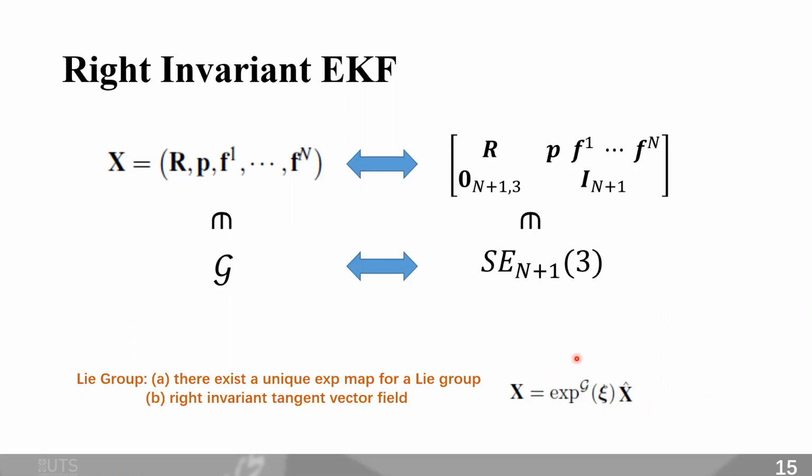Then we can get the error space near the group element. This is something like the right invariant tangent vector field. And I think the right invariant in the name comes from the right invariant tangent vector field.